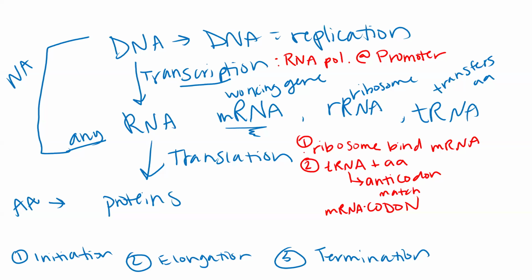But that's not even a functional thing. It just helps you figure out what you're talking about. But in translation, the important thing about the messenger RNA is the codons. So whatever those 3 nucleotides say, AAA, brings in the matching tRNA based on the anti-codon sequence.